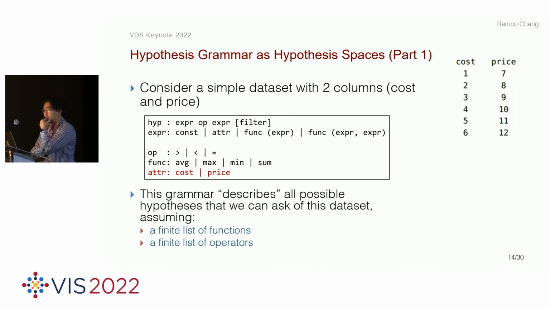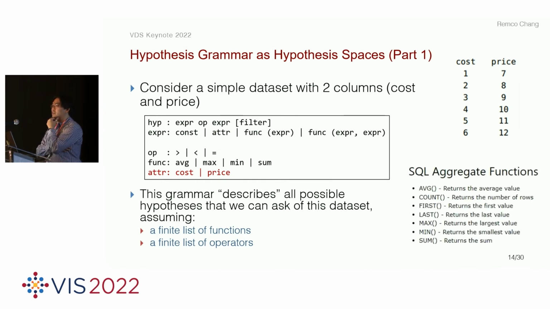So what we're missing is that the user, or whoever is writing up this grammar, needs to supply a finite list of functions and a finite list of operators. Operators is pretty straightforward. We largely rely on just greater than, less than, or equal to. But the list of functions, you might imagine that there's an infinite number of possible functions, but in reality, that's not really the case.